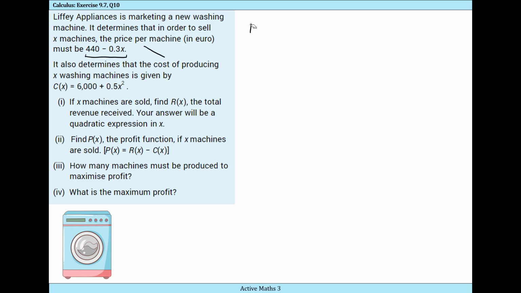So the first thing is, what's the revenue, the money they're going to take in from selling washing machines? If we sell x washing machines and the price per washing machine is 440 minus 0.3x, it's going to be the number of washing machines multiplied by the price per machine.